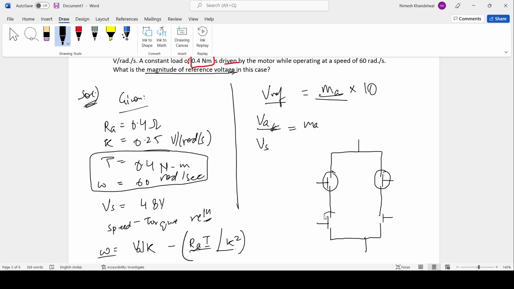So essentially, I've drawn these four transistors here. Transistors are being used here just as switches. These are the terminals where we give our input signal to control the motor. This is your source, and this is your ground. And your motor is connected through these terminals.